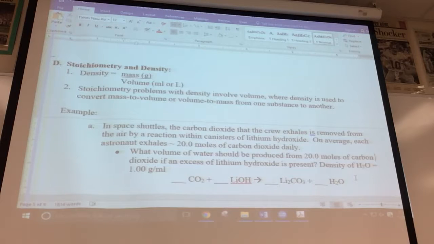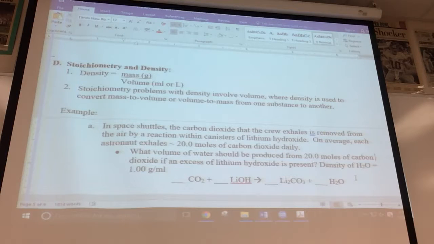The other type of stoichiometric calculation you can do involves density. So you may be given the mass or moles of one substance and asked for the volume of a gas. That will involve that you use the density of the gas. Alternatively, you can be given the volume of a gas and you can determine either moles or mass of the other substance.